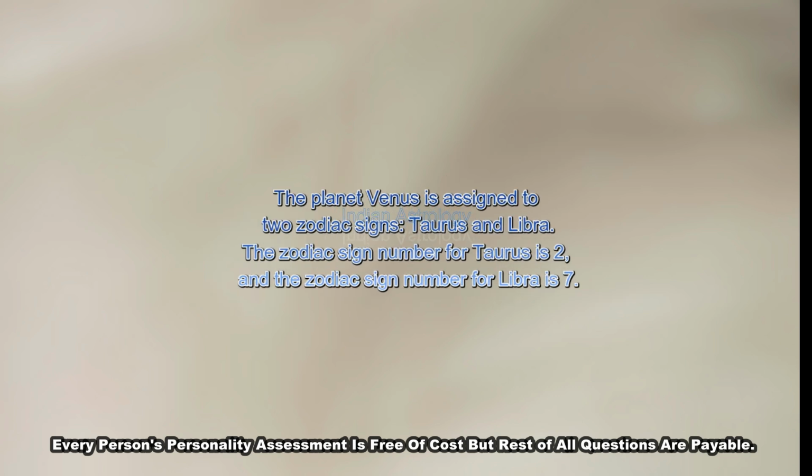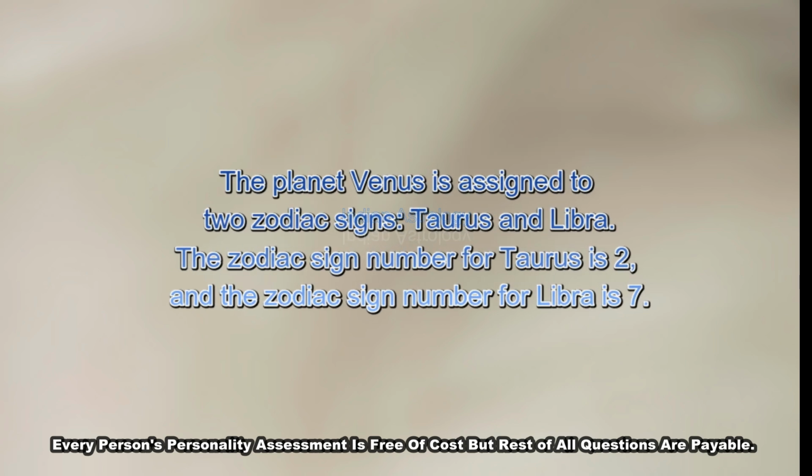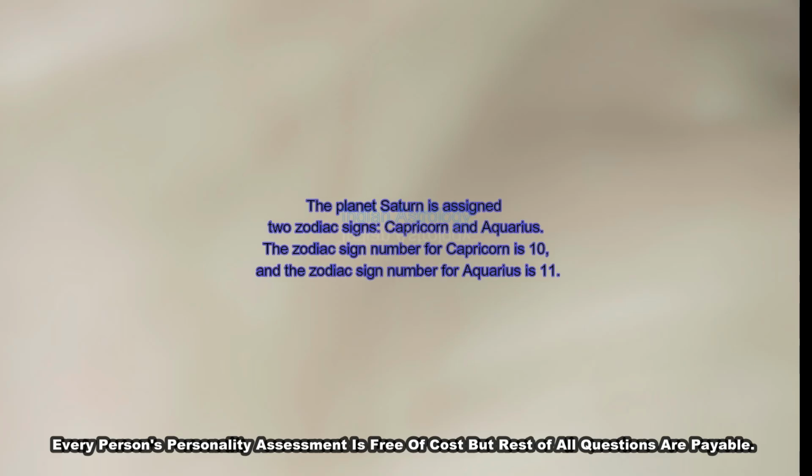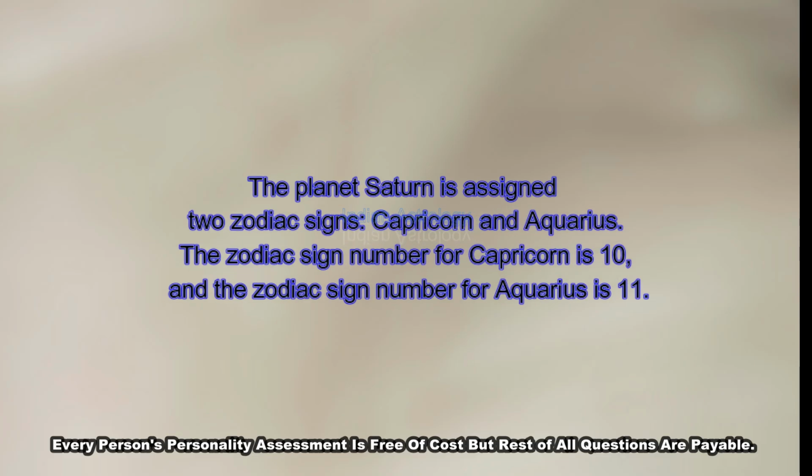The planet Venus is assigned to 2 zodiac signs, Taurus and Libra. The zodiac sign number for Taurus is 2, and the zodiac sign number for Libra is 7. The planet Saturn is assigned 2 zodiac signs, Capricorn and Aquarius.